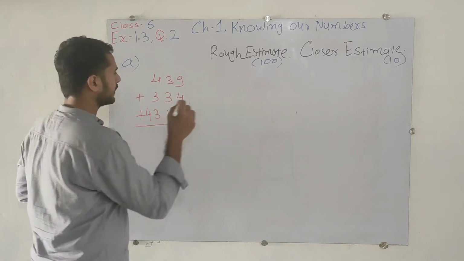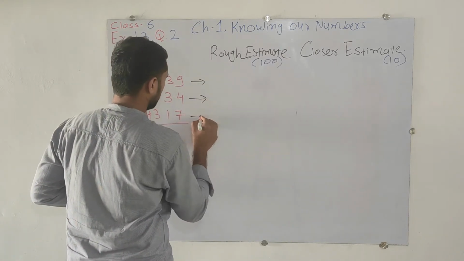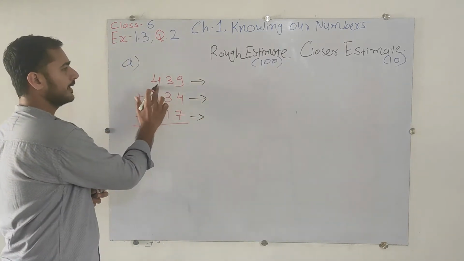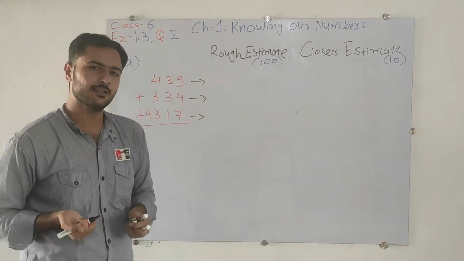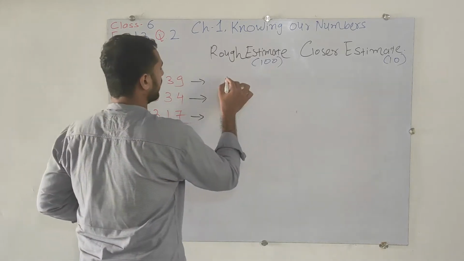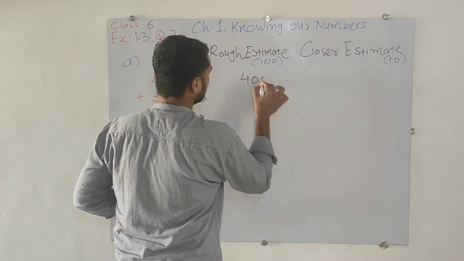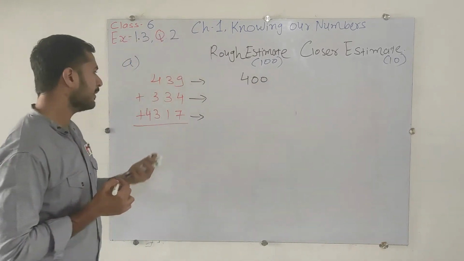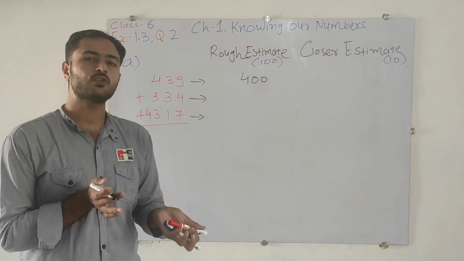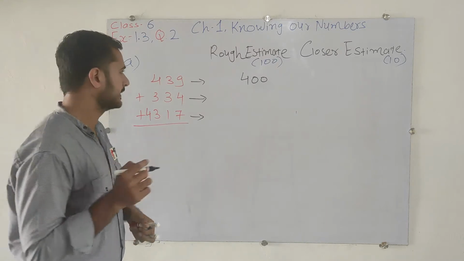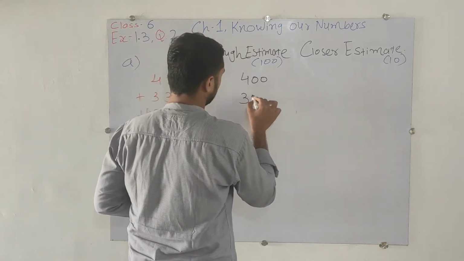For 439, it is nearby to 400 or 500. It is nearby to 400, so I will write 400. Now the next number, 334, is nearby to 300 or 400. It is nearby to 300.